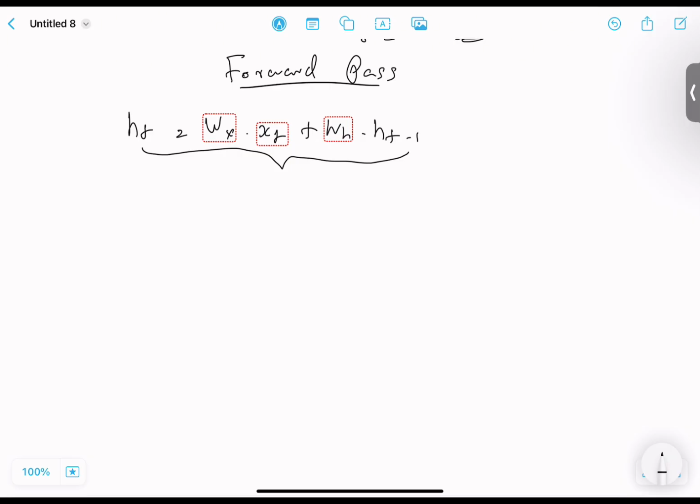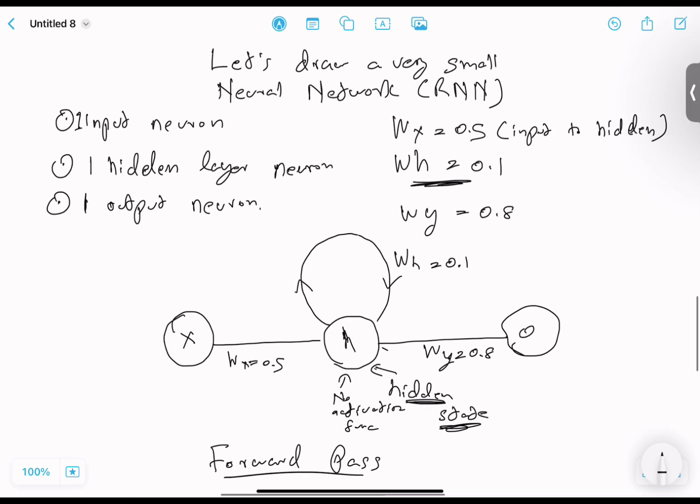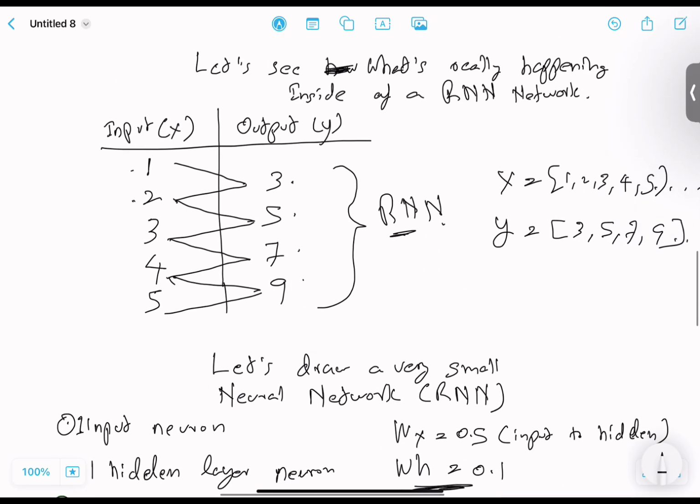In recurrent neural networks, suppose we have this data. These are the inputs, and we call these inputs time steps: time step 1, time step 2, time step 3, time step 4, time step 5.